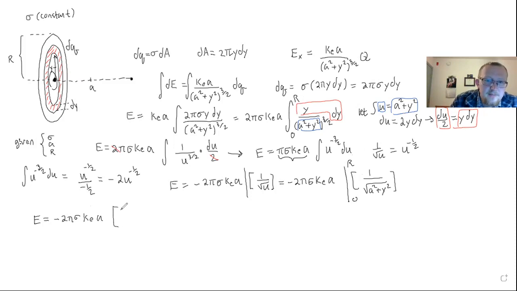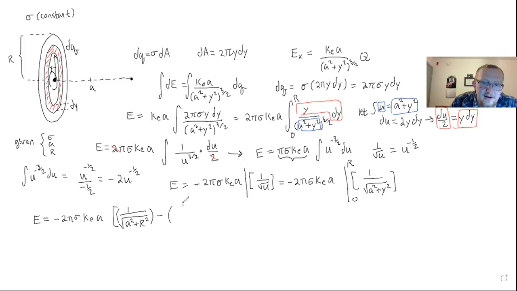All right, so now I'm plugging in my bounds to finish the definite integral off. And so for this first one, wherever there's a y in this term in here, I'm going to plug in big R. And then for this next one, my lower bound, wherever there's a y, I'm going to plug in a 0.